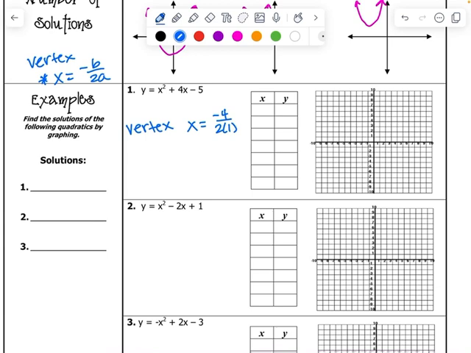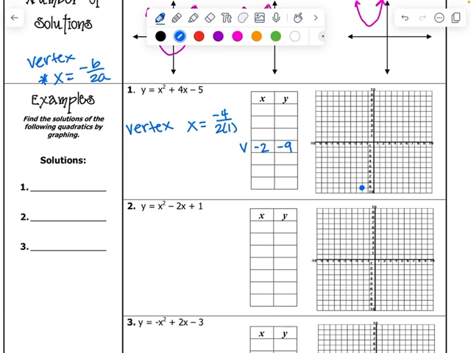Okay, so our vertex is at negative 2. I want you to plug negative 2 in for x. Do you get negative 9? Okay, there's our vertex.